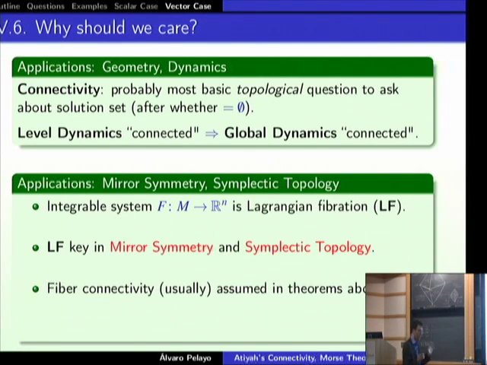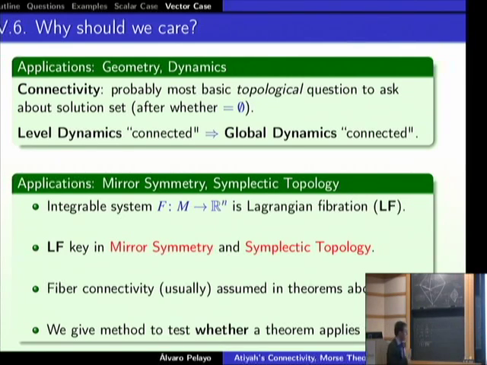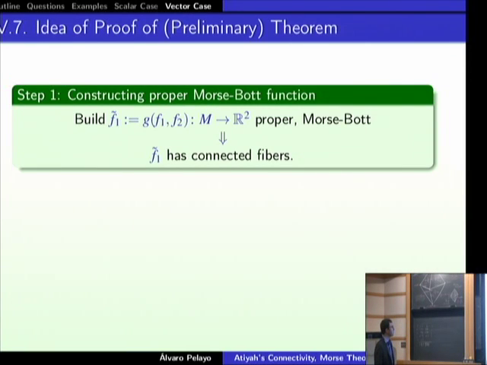So if you want to apply your theorem to some singular Lagrangian fibration, you have to check the fibers are connected. That's very non-obvious to check. So in what I have discussed before, I'm trying to answer this question in some context. What we have discussed gives you a method to test whether you can apply your theorem to a given Lagrangian fibration that comes from an integrable system.